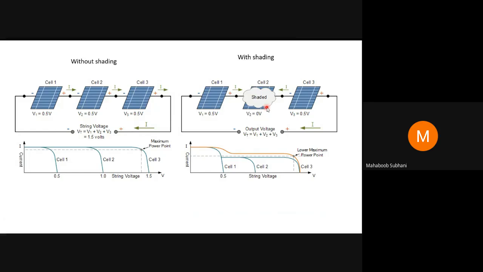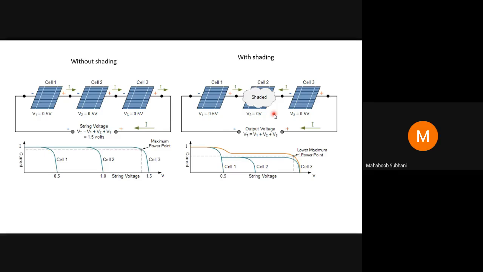Why? Because initially we have seen 1.5 into 4 ampere, it is 6 watts. Now there is only 0.5 volt and 0.5 volt. It is a total of 1 volt and the current produced is 4 ampere. So the total power produced from this circuit is 1 into 4 ampere. It is only 4 watts you are able to produce.